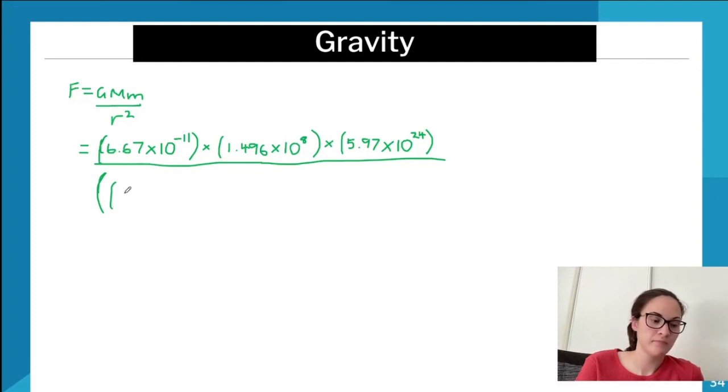I'm going to start writing it in, so 6.95 by 10 to the 5, plus, because we've got to add these radial distances, 6380.